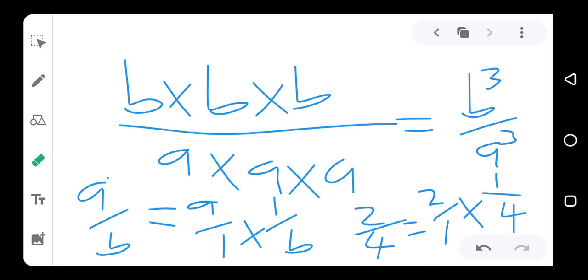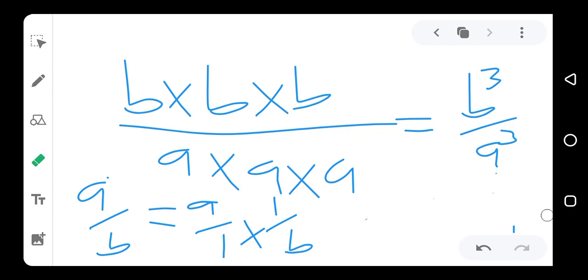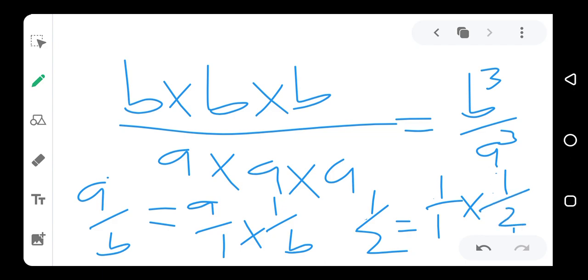The same way, if you have 1 over 2, it is the same thing as saying 1 over 1, that is the one on top, times the one below, 1 divided by 2, which is 1 over 2.